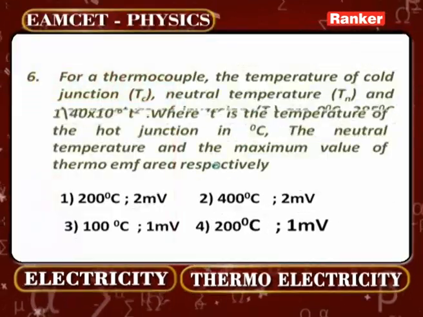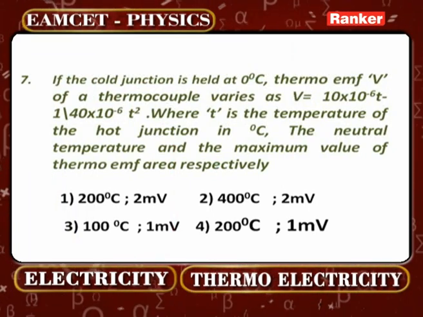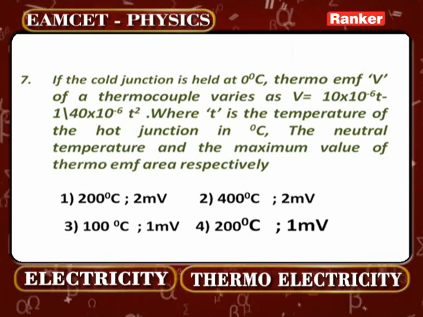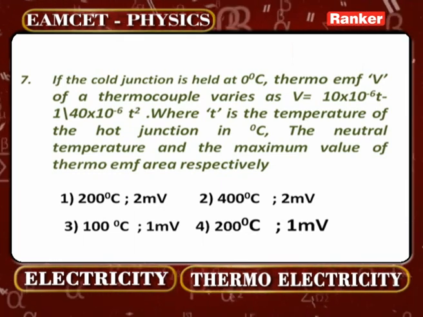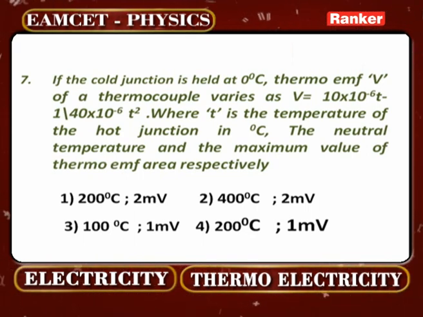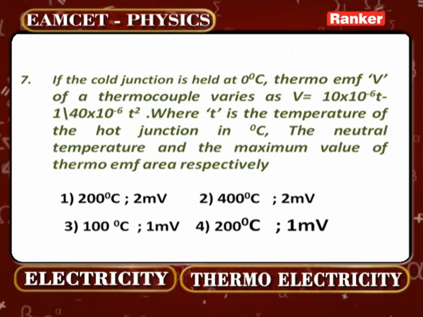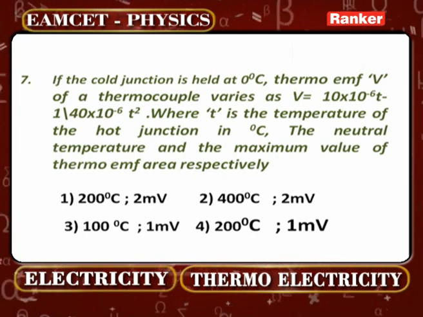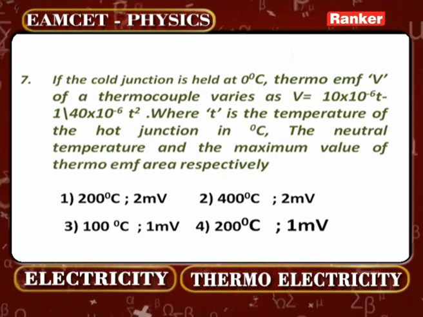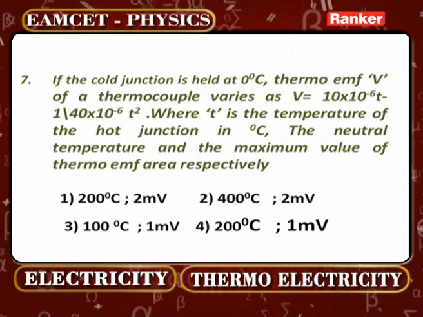Look at the next number, that is 7. If the cold junction is held at 0 degrees centigrade, thermo EMF V of the thermocouple varies as V is equal to 10 into 10 power minus 6 T minus 1 by 40 into 10 power minus 6 T square, where T is the temperature of the hot junction in degrees centigrade. The neutral temperature and maximum value of thermo EMF are respectively.